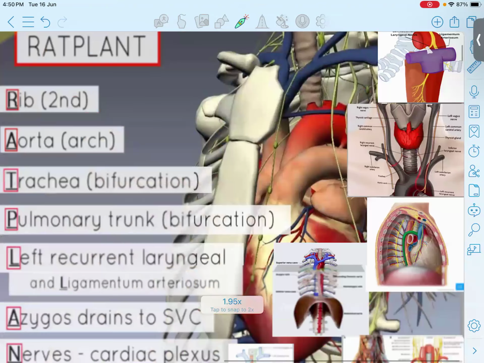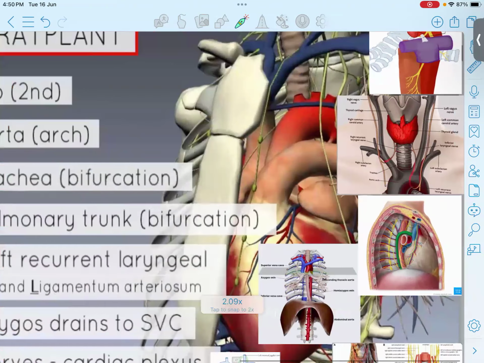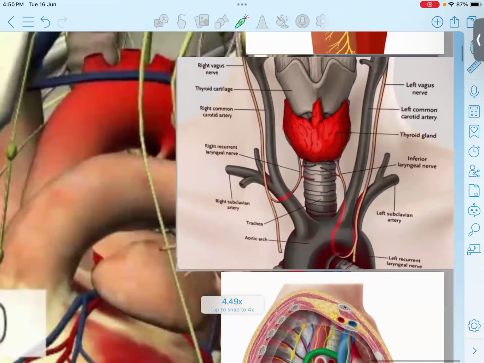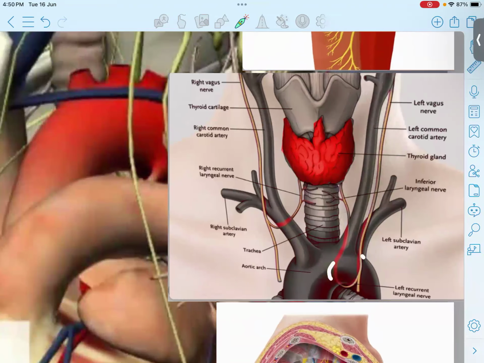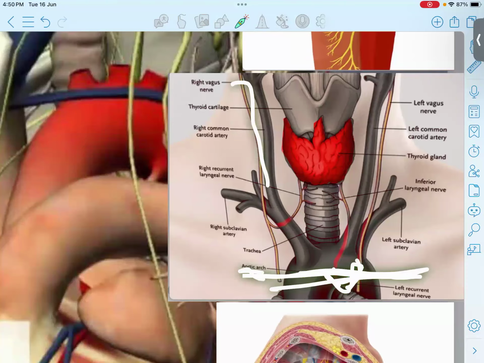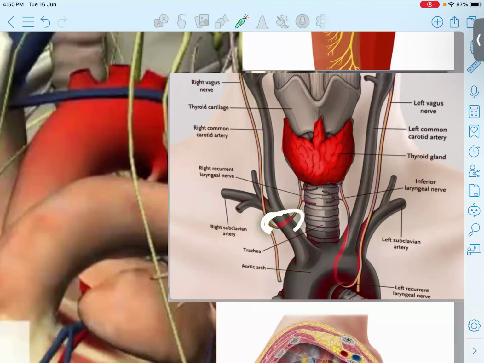Because here, the left recurrent laryngeal nerve circles the arch of aorta in this plane, but the right recurrent laryngeal nerve circles behind the right subclavian artery.